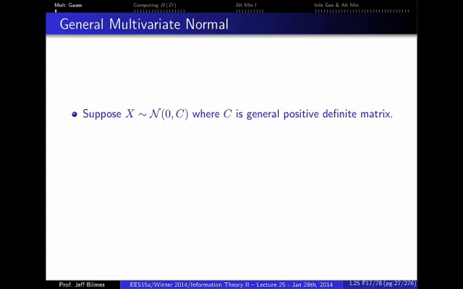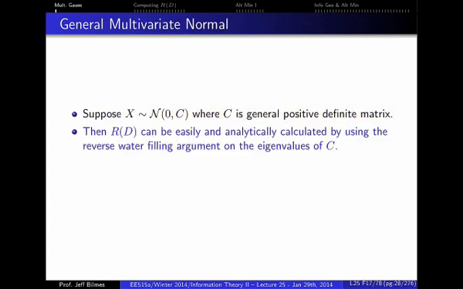So in the multivariate normal case, unlike before, we actually have correlated sources, X, multivariate Gaussian with covariance matrix C. It's a general positive definite matrix. So the question is, what do we do there?